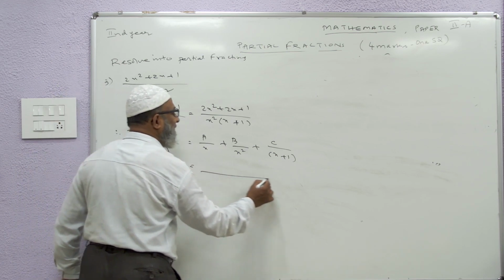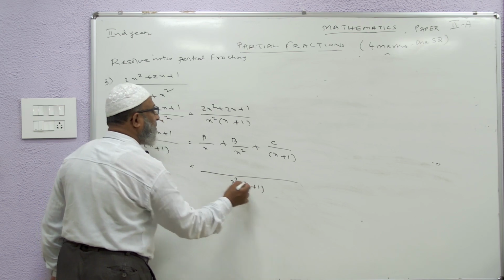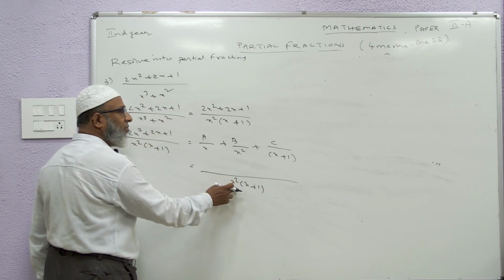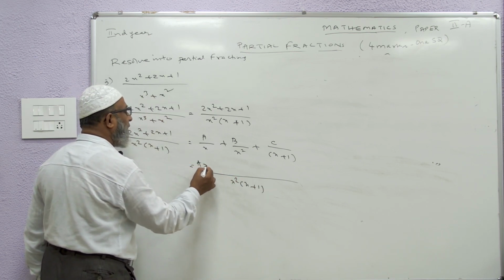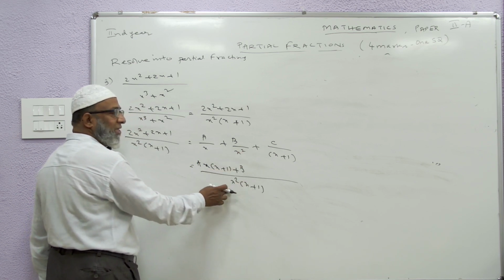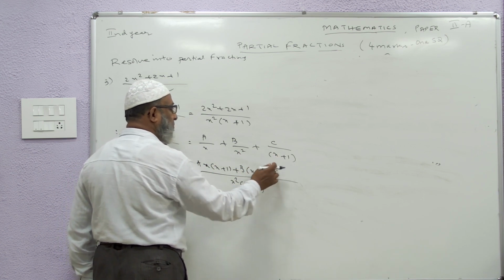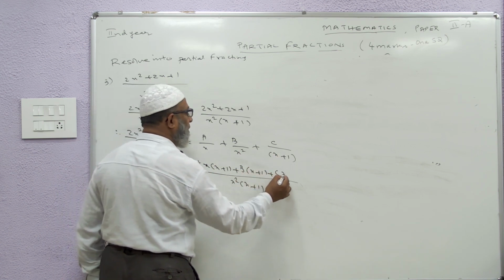So if I take the LCM, what is the LCM? x square into (x plus 1). If I divide by this, what do I remain? x remains. a into x of (x plus 1) plus b of x square cancels, what remains? (x plus 1), plus c of (x plus 1) cancels, what remains? x square.